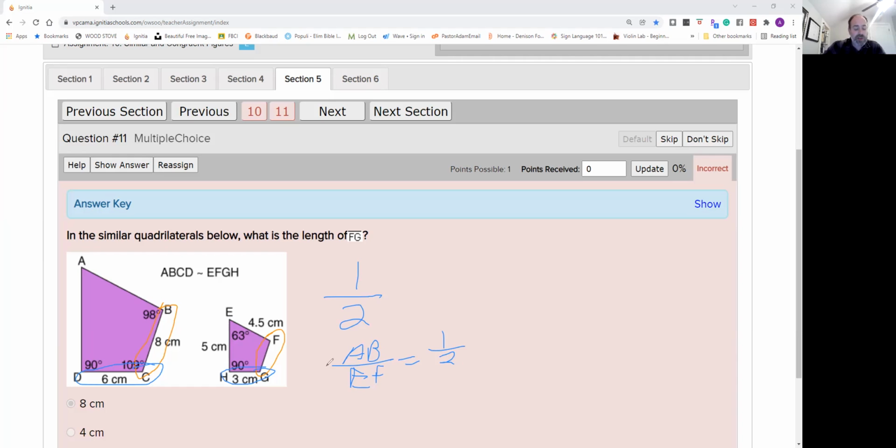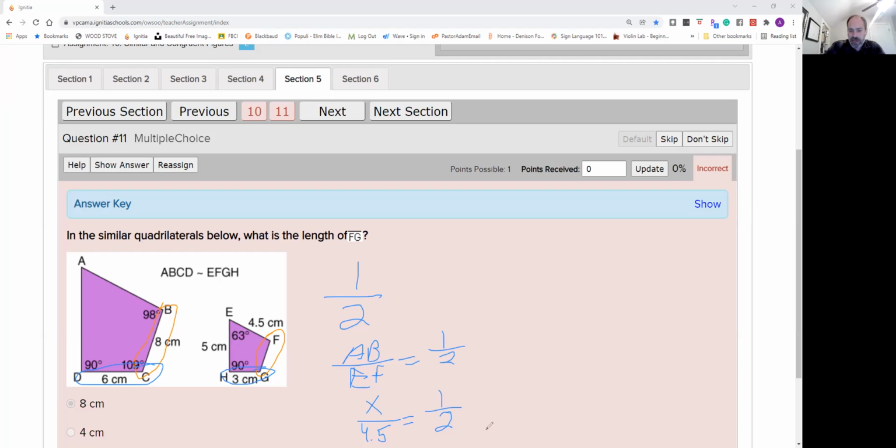Now, I don't know what AB is, so I'm going to go X, but I do know what EF is, so I can go X over 4.5 equals 1/2. Whatever this X is, it has to be such that the fraction will reduce down to 1/2.